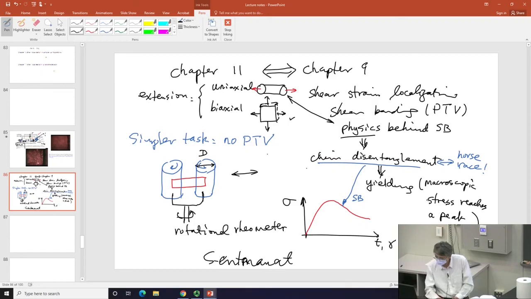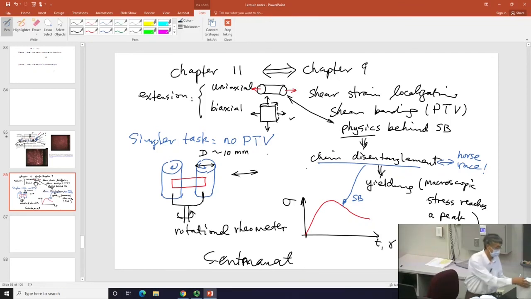The man who invented this, he invented this at Goodyear by choosing appropriate D on the order of about 10 millimeter or less, such that by calculation, you see, the diameter, of course, determines the torque.